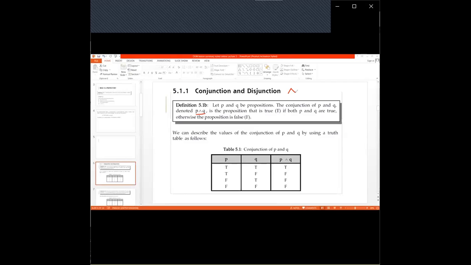If one statement is false, then the conjunction of the two statements will be false. So the truth table for conjunction is given in this table, which I want you to take note of. If possible, put it down because we'll use it for analysis subsequently.